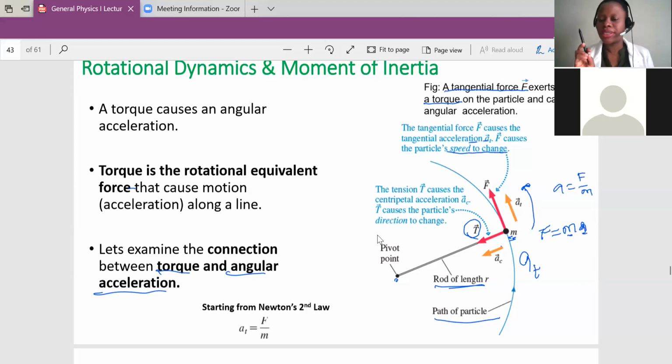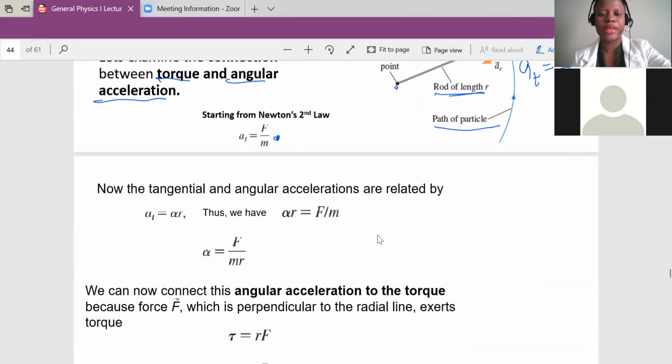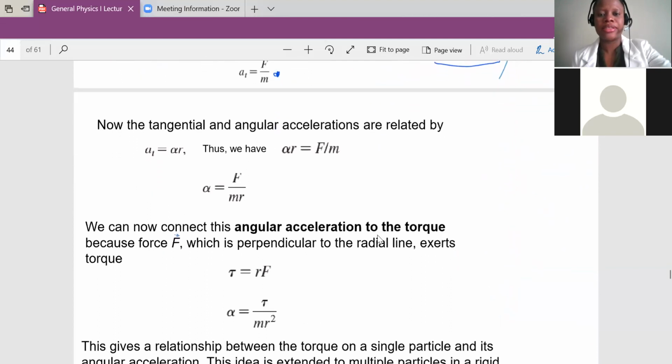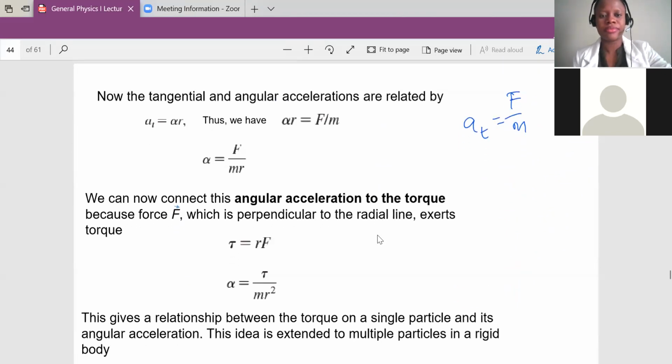We keep taking this concept to define new concepts when it comes to dynamics, that is the study of motion in the presence of the force causing it. So tangential acceleration gives us the tangential force over the mass for this particle, and that is what we have here. So a_t is equal to F over m.